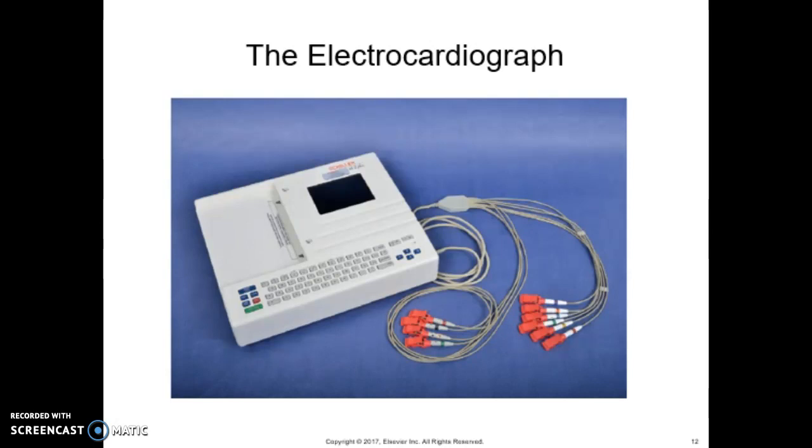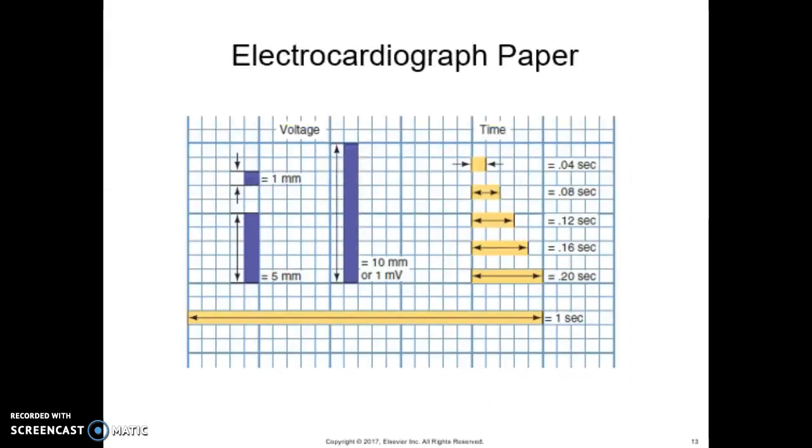The electrocardiograph machine records 12 leads simultaneously and is referred to as a 6-channel ECG or EKG machine. Limb and chest electrodes must be placed on the patient at specific anatomic locations before we can start that recording, and we're going to talk more about that.